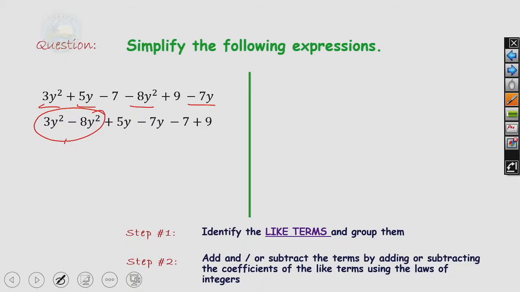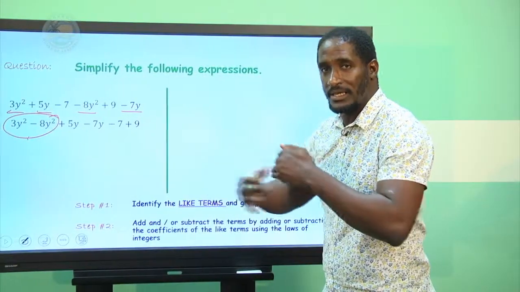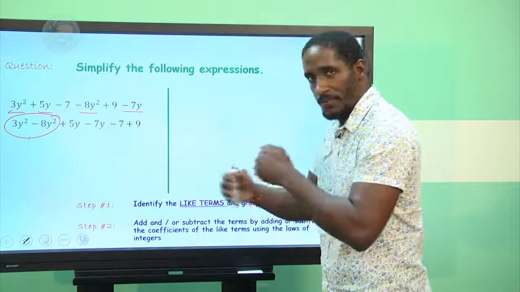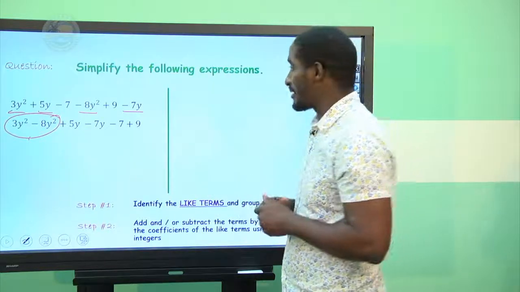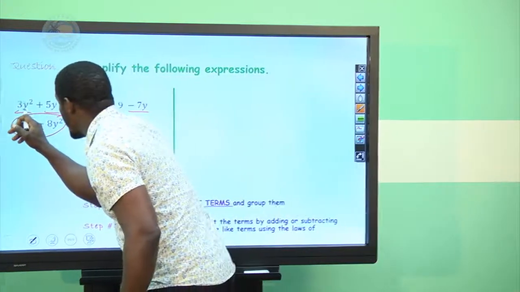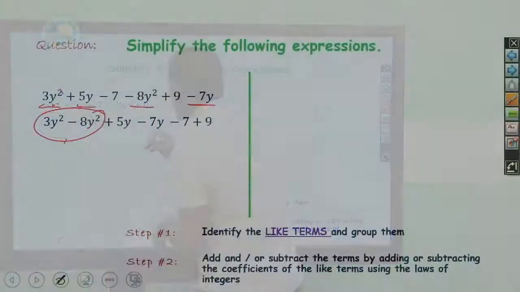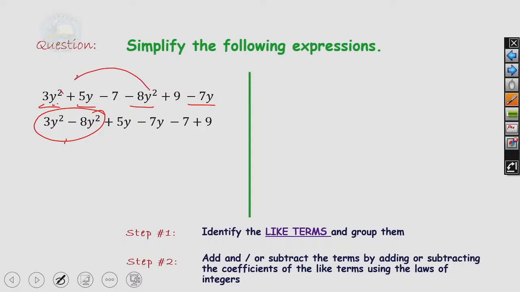Now, here's one. When we are moving our terms about for addition and subtraction, we need to ensure we move them with their signs. So here, my 3y squared was positive. He was first, so I left him first. But what I did was to bring the 8y squared closer to him. It was negative 8y squared. So when I move that negative 8y squared in my expression, I must also move it with its sign.